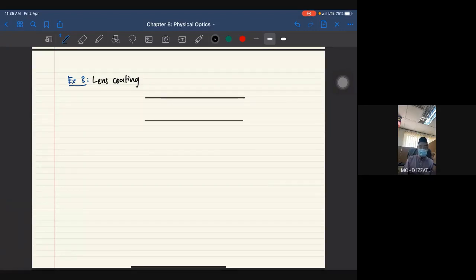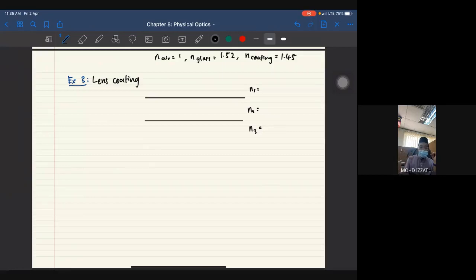So you want to do these three, right? N1, N2, N3. What is N1? What is N2? What is N3? Let's say air is equal to 1, glass is let's say 1.52, and coating maybe 1.45, for example.